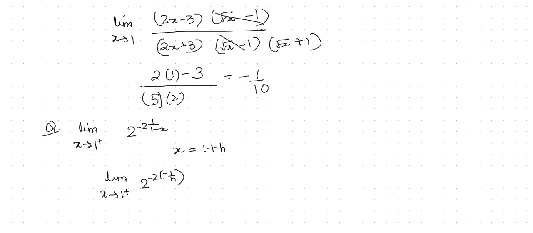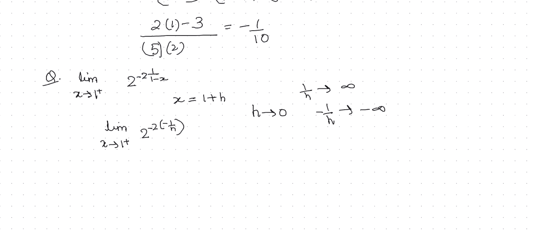We see here that as h tends to 0, 1 over h would tend to infinity and negative 1 over h will tend to negative infinity.